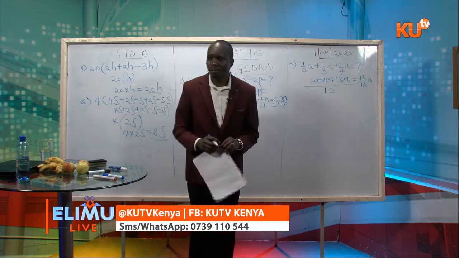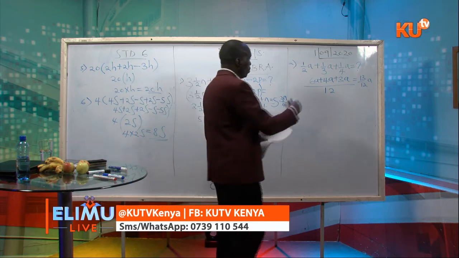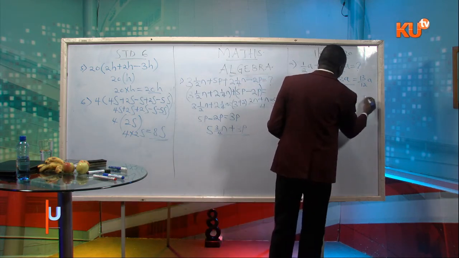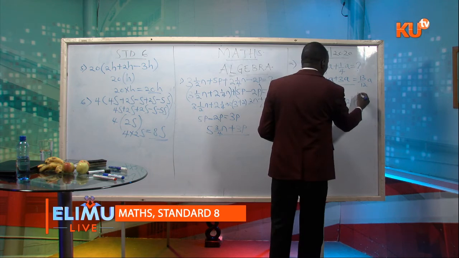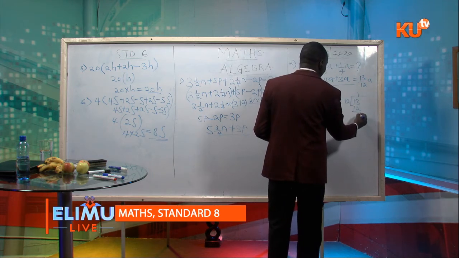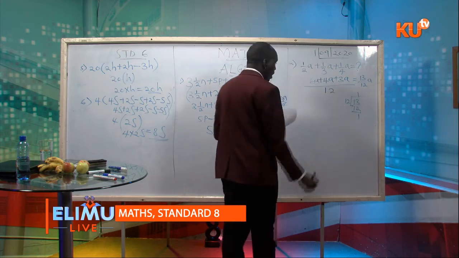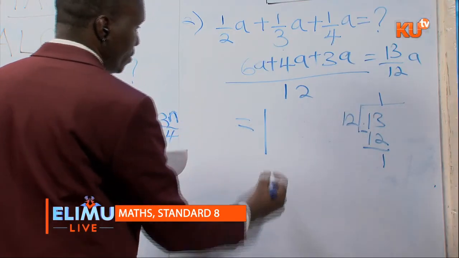Remember, the numerator is not supposed to be greater than the denominator. Therefore, we divide it. We have 13 divided by 12. We get 1. 1 times 12, we get 12. We subtract, we get 1. So our answer here becomes 1 whole number.